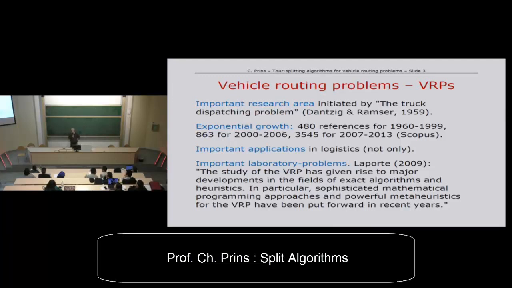One of these problems is the TSP, the traveling salesman problem, but also more complicated problems with several vehicles, and it is true to say that, for instance, several metaheuristics like ant colony optimization have been developed first on vehicle routing problems.